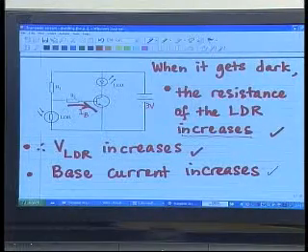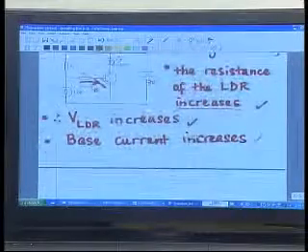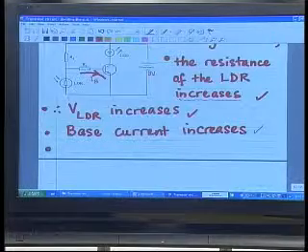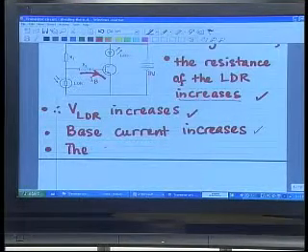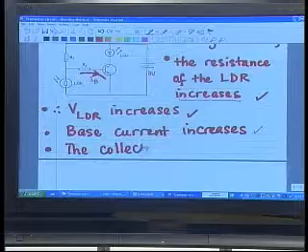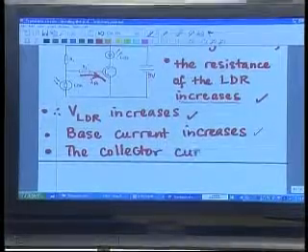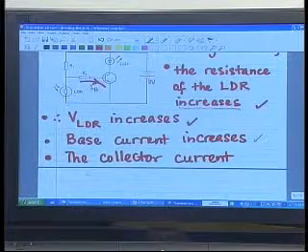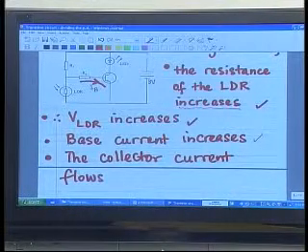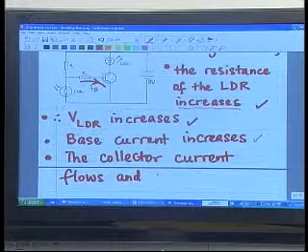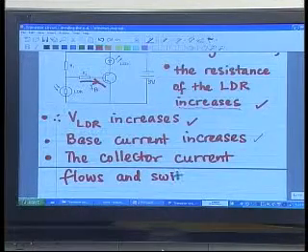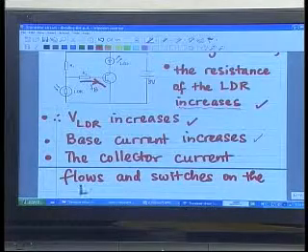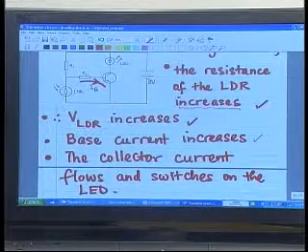And when all this happens, what we get is that finally the collector current flows. The collector current flows and switches on the bulb, on the light emitting diode.